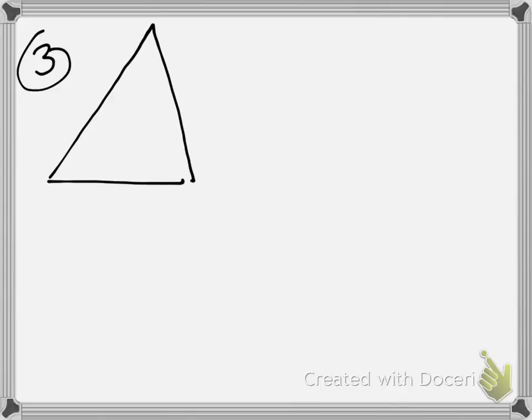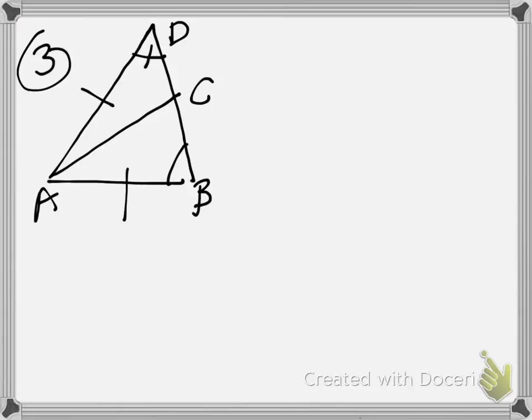Okay, we're going to number 3. For number 3, the picture looks like this. And you're told that AB is equal to AD. That means it's an isosceles triangle, and the base angles are also equal, so I'm going to label those immediately.